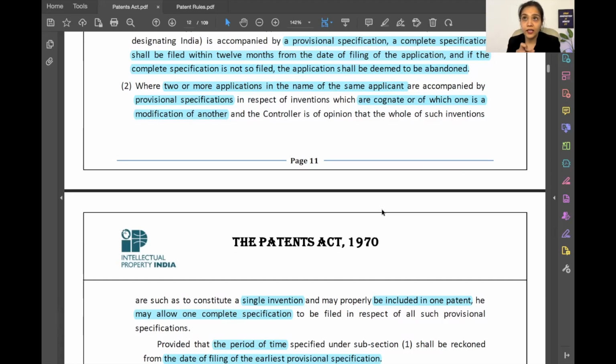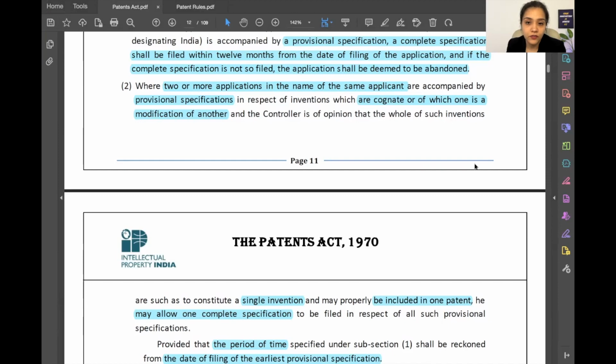For example, if we file one application on 1st April 2023 and the second application on 1st May 2023, we can file a complete application till 1st April 2024, because the earliest of the two applications is of 1st April 2023. So we have to file within 12 months of the earliest priority date of the provisional specifications.